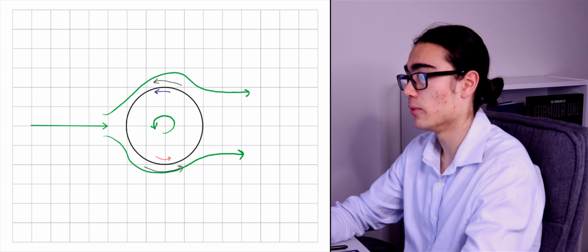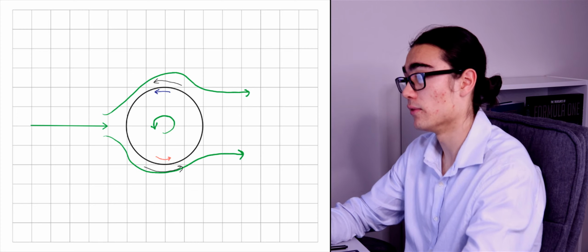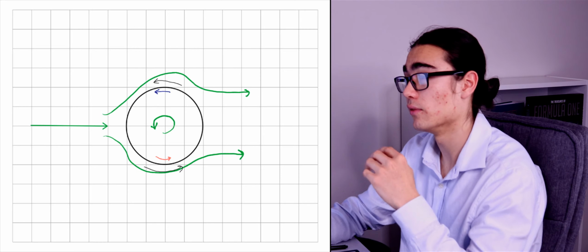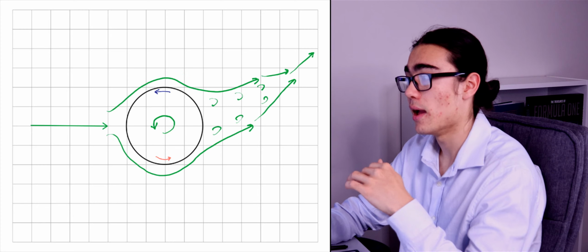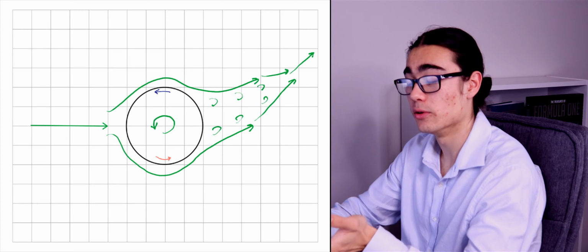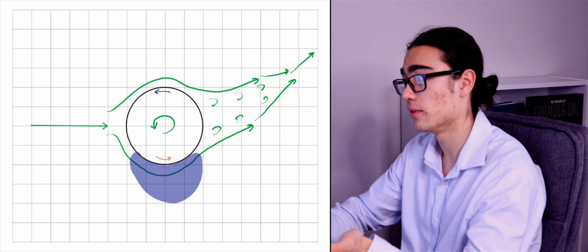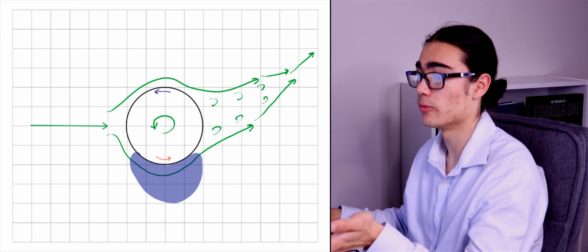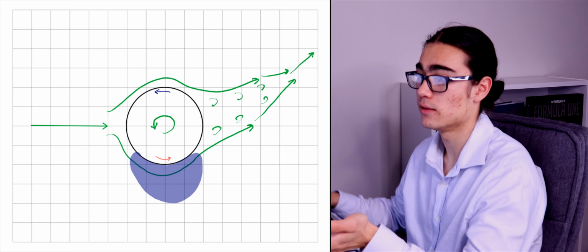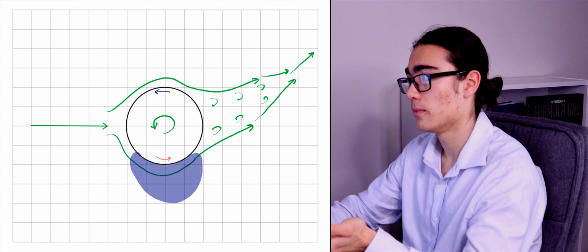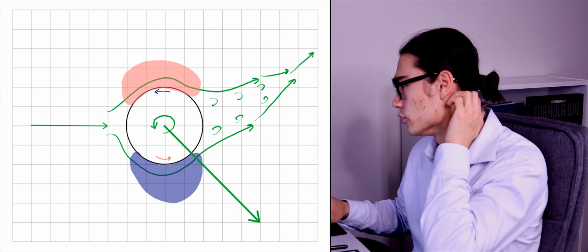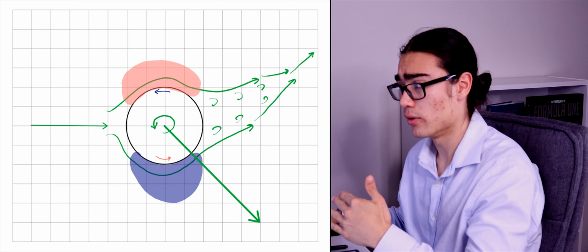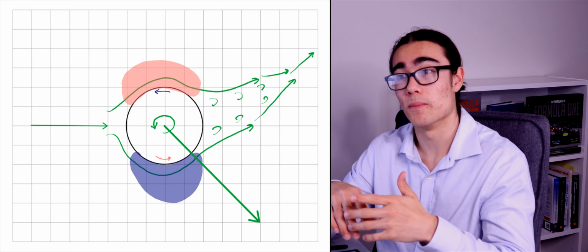Now, because we've increased the localized velocity underneath and decreased the localized velocity on top, we flick up our wake like this, and higher velocity, thanks to Bernoulli's equation, we know means lower pressure, so we extract a nice low pressure region there underneath this cylinder, and on top we have a higher pressure region, and the green arrow there is our net force, which will be a component of our drag, and in this case our downwards force.